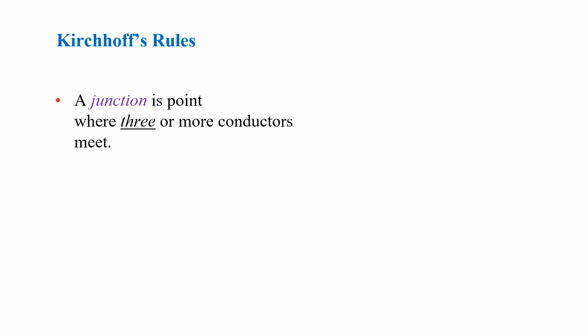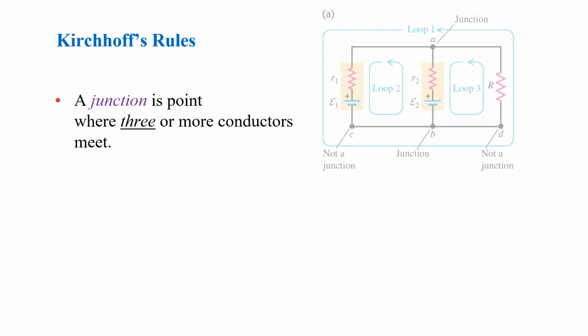A junction is a point where three or more conductors meet. So let's say, for example, here, you have this junction here. Because we have three conductors or three wires, 1, 2, and 3, that meet at a certain point. You can also have 4 if you add another conductor or wire here.